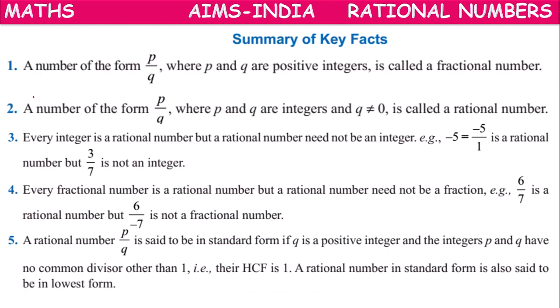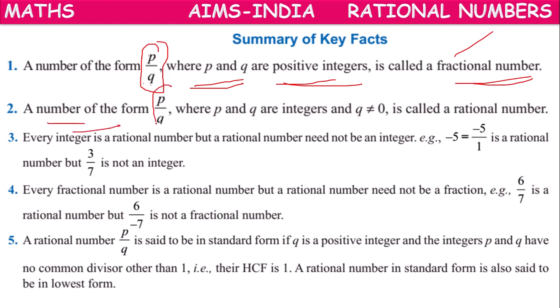Okay, children. So what we have learned in this chapter, let's revise the summary of key facts. A number of the form p by q, where p and q are positive integers, is called a fractional number.